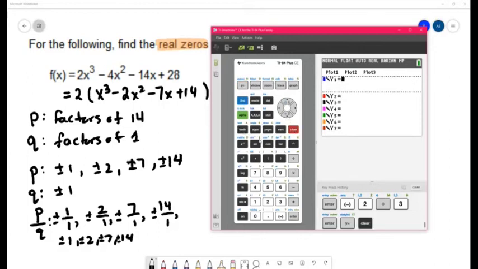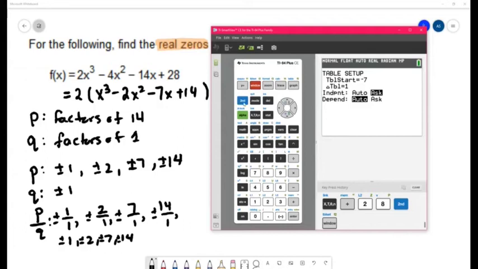So let's type in our y equals menu: 2x cubed minus 4x squared minus 14x plus 28, and then we're already in ask mode.